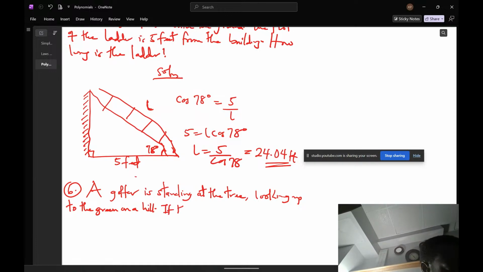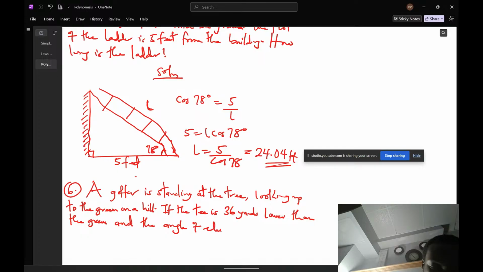If the tee is 36 yards lower than the green, and the angle of elevation from the tree to the hole is 12 degrees.